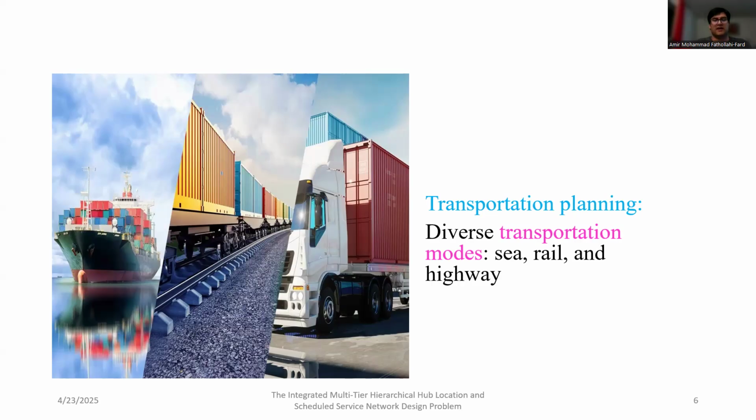For example, when we have different transportation modes, we can use the train for the movement of the shipments from Quebec City to Montreal, and then we can use airplanes for the movement from Montreal to another city such as Vancouver, which is a very great, big city.